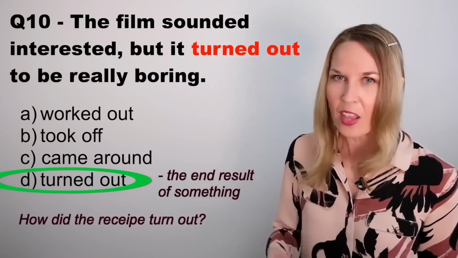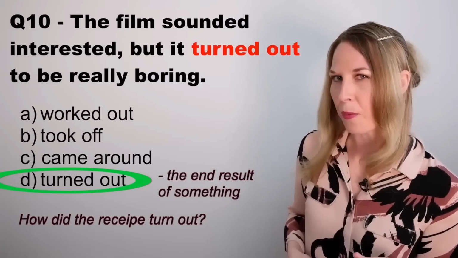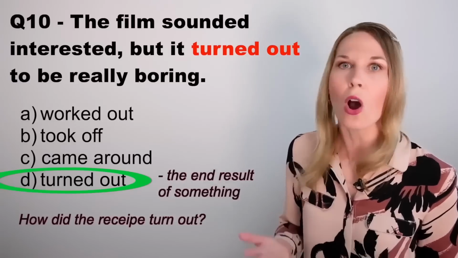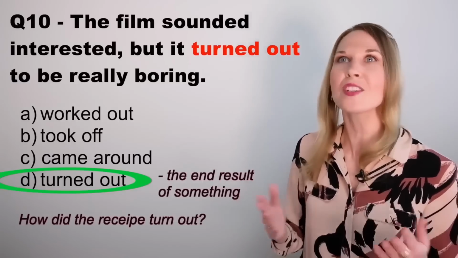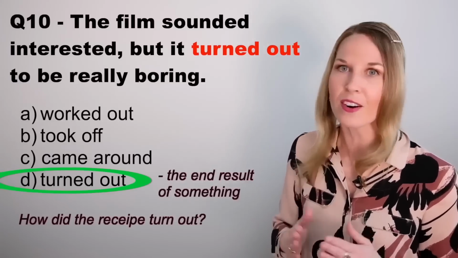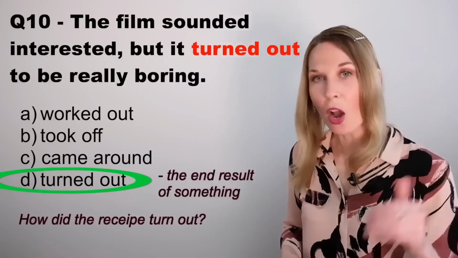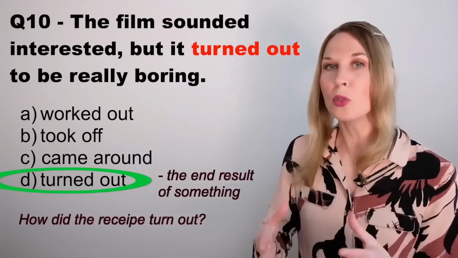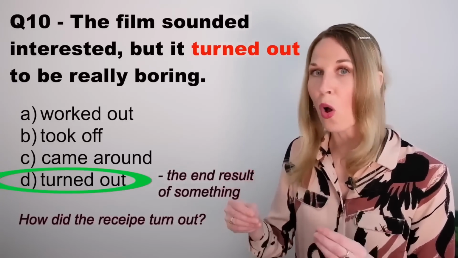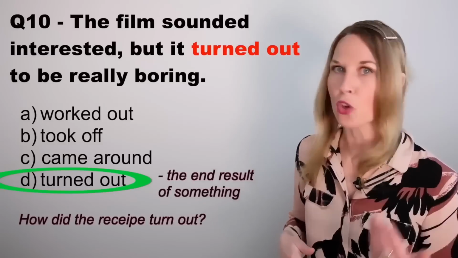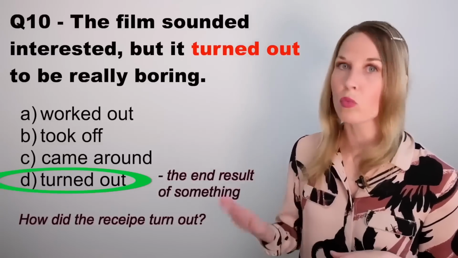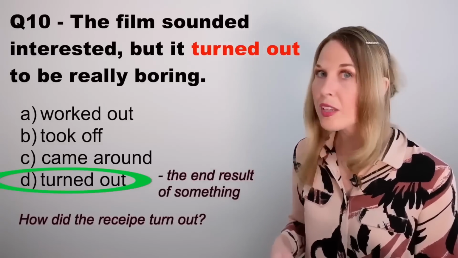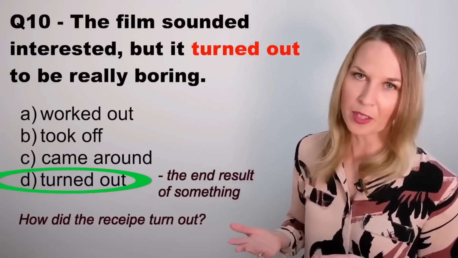Were they bad? How did the recipe turn out? And you could reply, oh, it was awesome. They were delicious. The best chocolate chip cookies I've ever had. And in this context, they're talking about the movie's end result. How did the movie turn out? It was really boring. It turned out to be really boring.